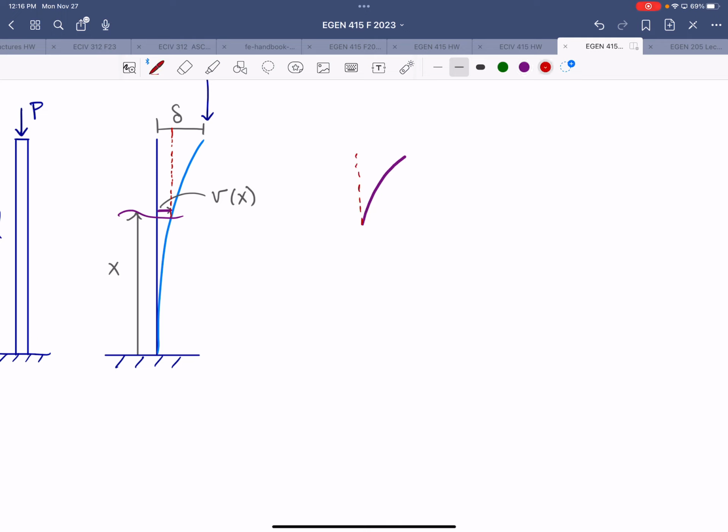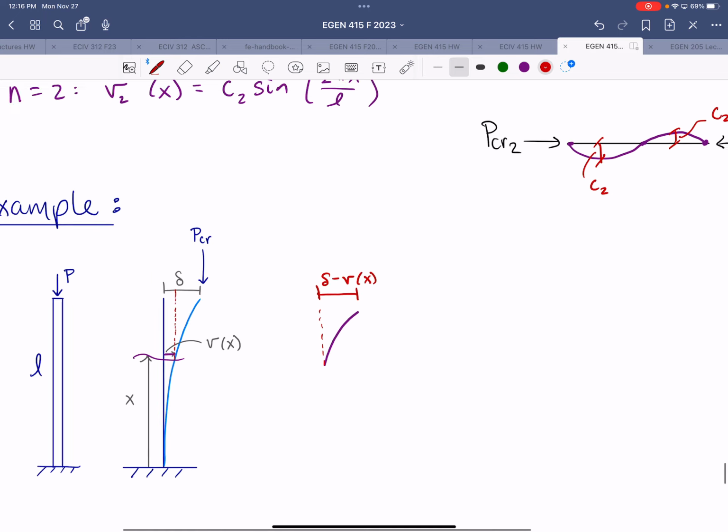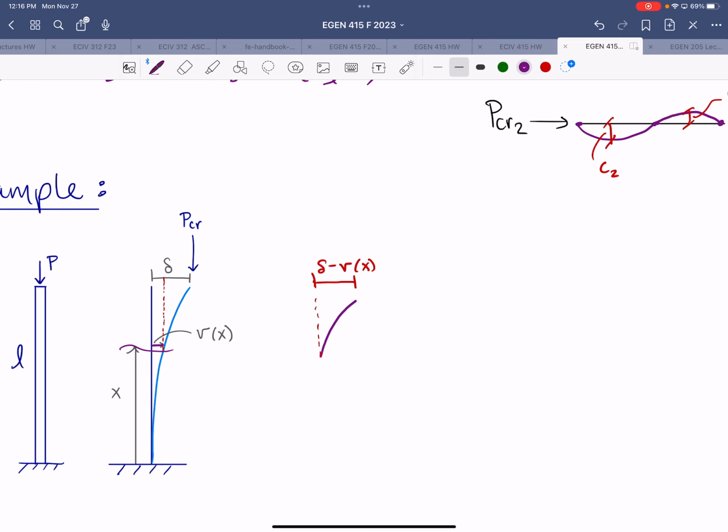All right, a bit exaggerated here, but this distance then would be delta minus the transverse deflection. All right, so delta represents the total deflection at the free end. And then we have the applied load, P critical there. And at the cut, we are exposing internal forces.